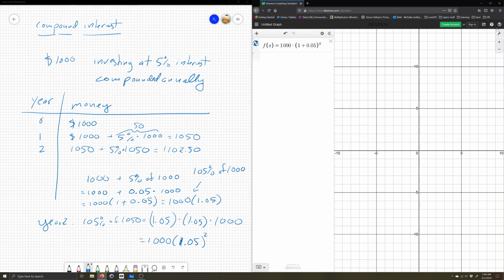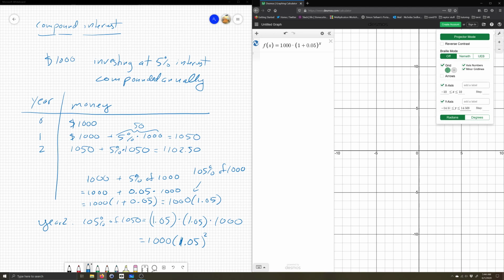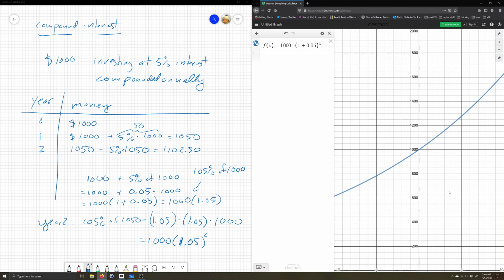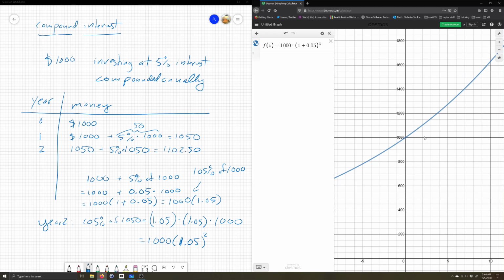And my y scale is hilarious here, so I need to change this to like 2,000. There we go. And I'll make a table. And this will be f of x.